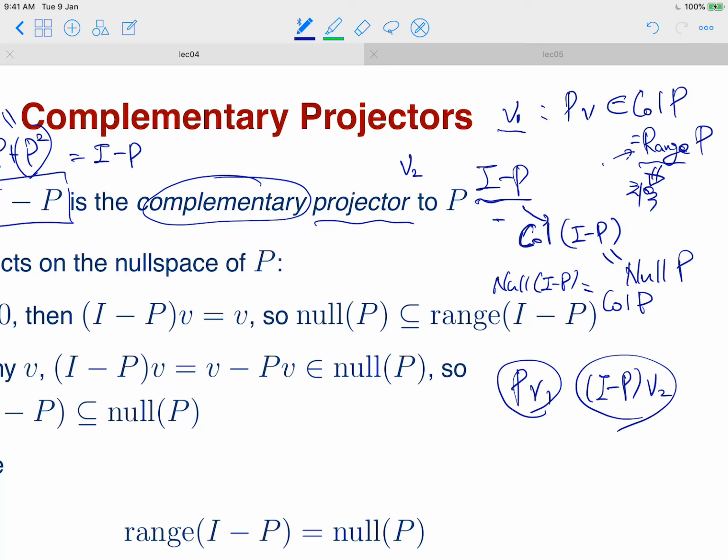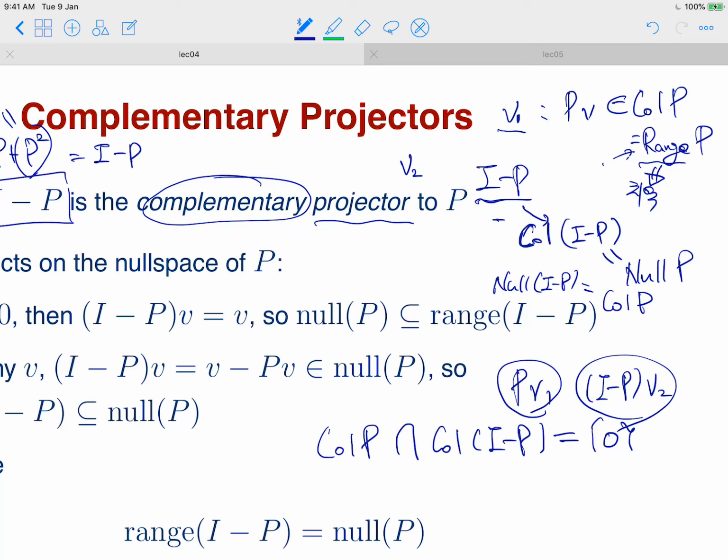So we cannot have any non-zero vector that lies in the intersection between the two column spaces of P and I minus P, right? So that's how we think of this non-overlapping property between these two column spaces, and in that case we can think of the intersection of the column space of P and the column space of I minus P as just the zero vector.